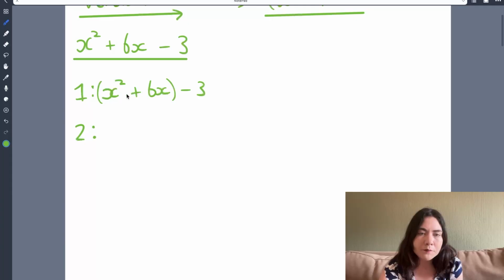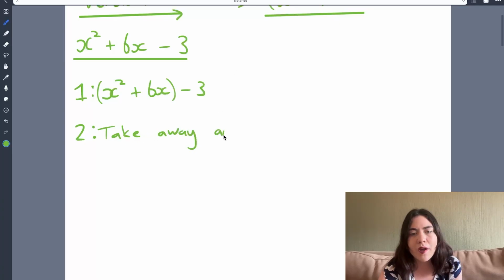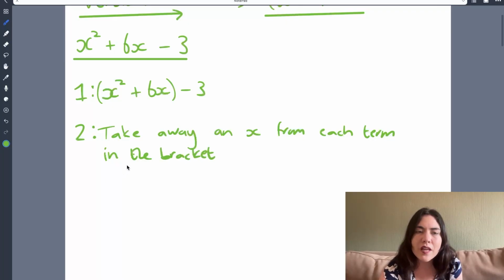All right, so step 1 basically has us only looking at the bracket. So what we're going to do is take away an x from each term in the bracket. What that basically looks like is we're going to take an x away from x squared, so that's going to simply leave it with x.